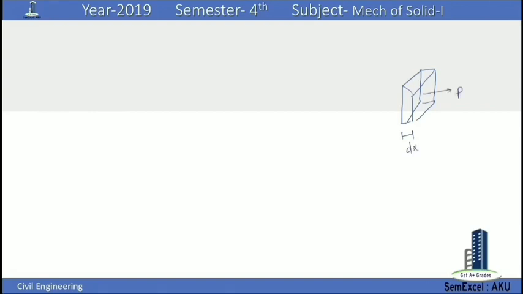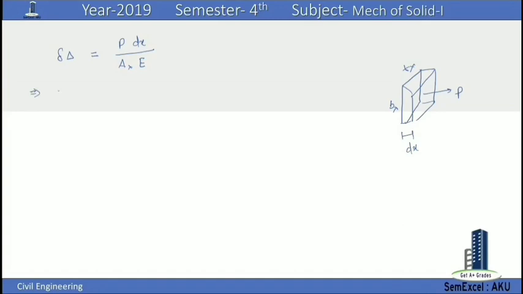Force is P. This is Bx and this is Tx. So here a small deflection for length dx is equal to del delta. That will be equal to PL by AE. Here load is P, length L is dx, area is AX and E is constant throughout the material. So E will be same E.